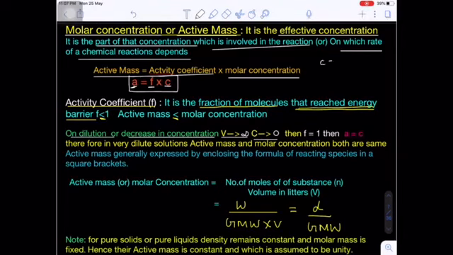Concentration is equal to number of moles upon volume in liters. Let's suppose we have 1 mole of a solute in V liters of the solution. Now the volume of the solution tends to infinity. That means on dilution we are adding a much larger amount of solvent. The concentration of the solution tends to 0. This is called a very dilute solution.